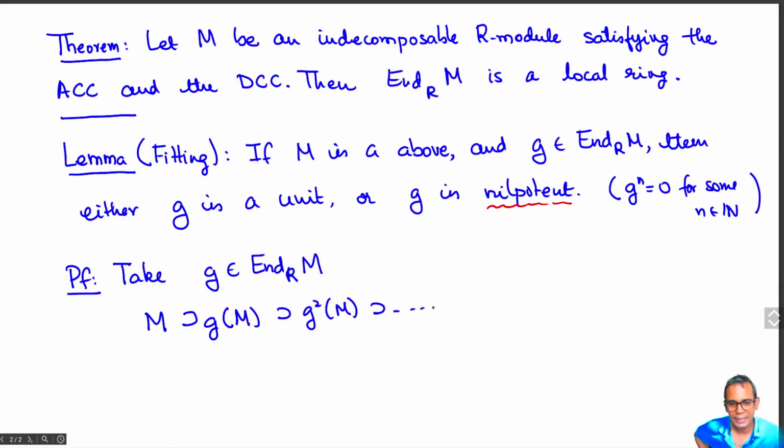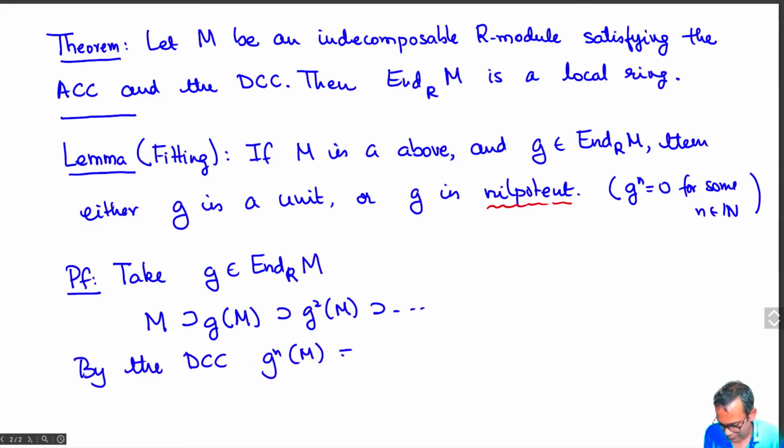Now, because of the descending chain condition, there's some stage after which this sequence stabilizes. So by the DCC, g^n M is equal to g^(n+i) M for all i greater than or equal to 0 for some natural number n in N.